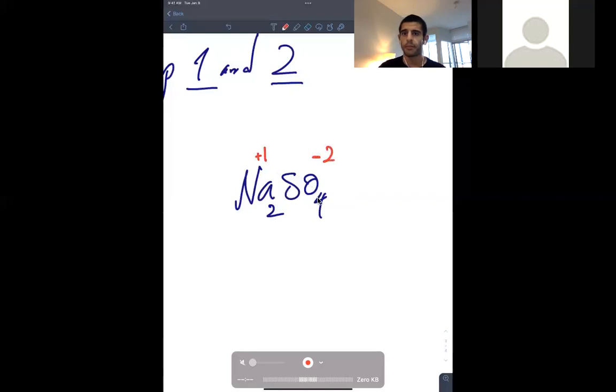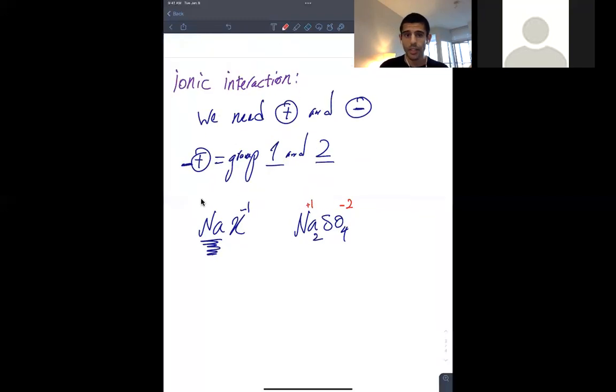But I'm just telling you the fact that this guy is positive, so having these group 1 and group 2s mandates, if the overall compound is neutral, that the other guy be negative, and that actually meets the criteria for ionic, where we need a positive and we need a negative. But again, that negative and positive charge don't have to be visible to you.